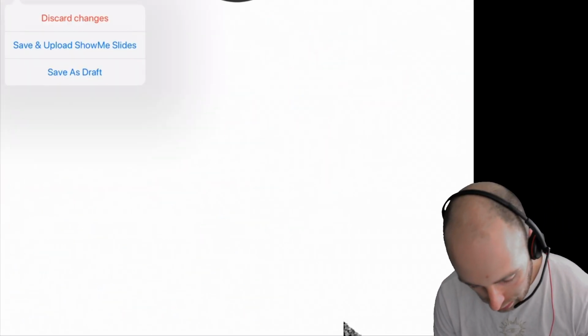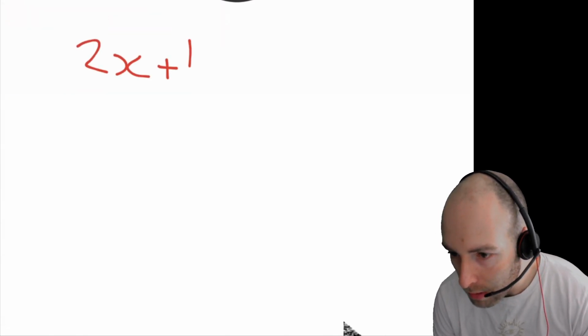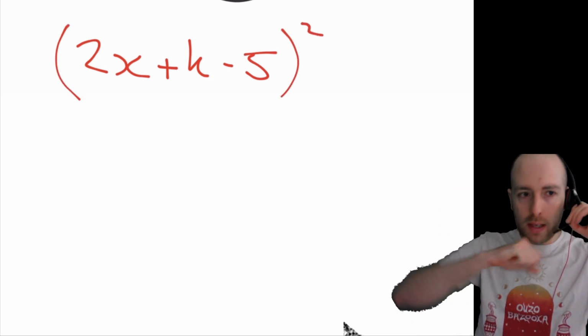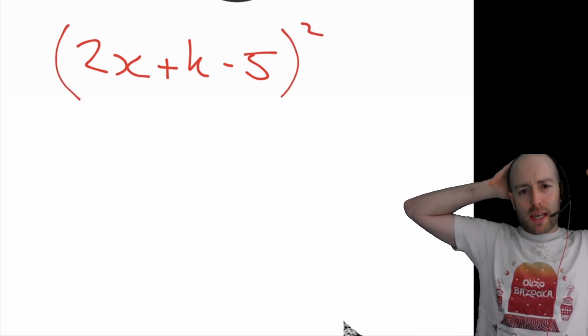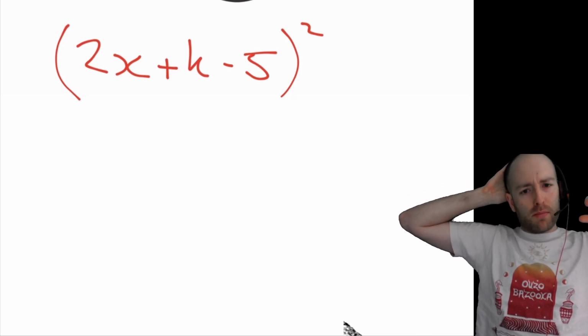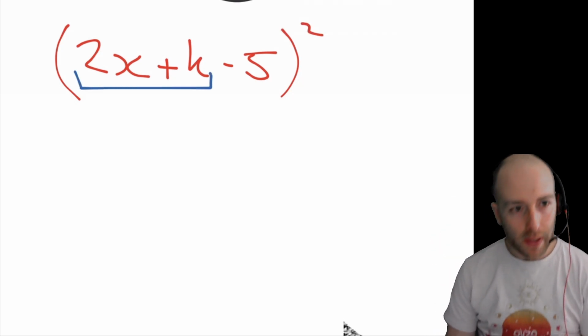So (2x + k - 5) squared. I know this is a quadratic because k is a number, but we've got 3 terms. So the way to expand this, I just pretended that was one thing.